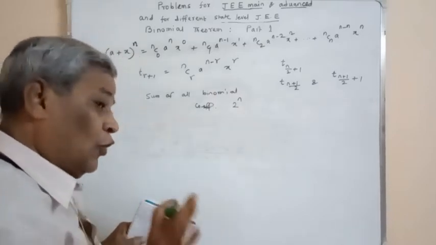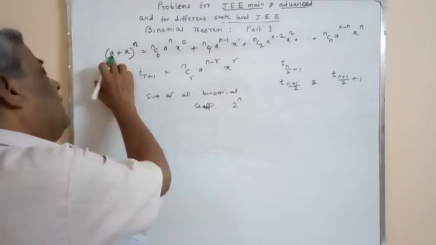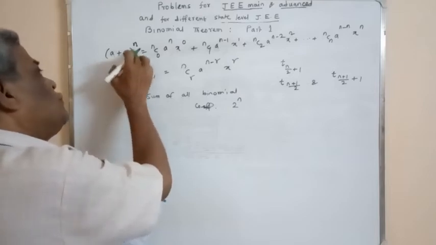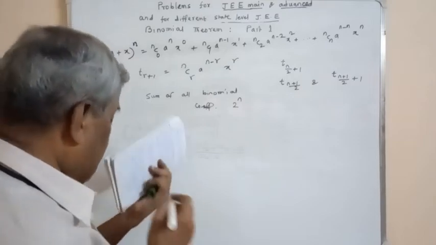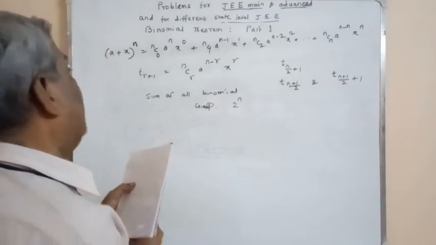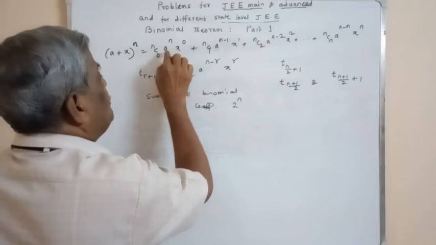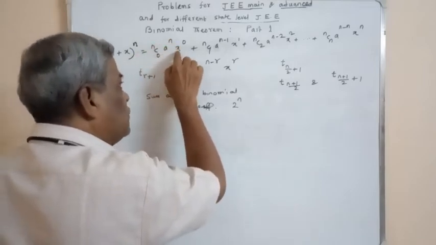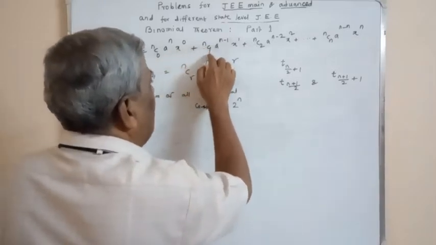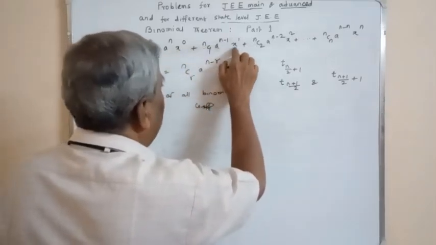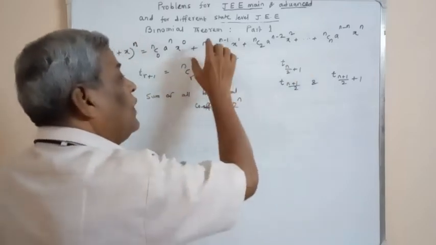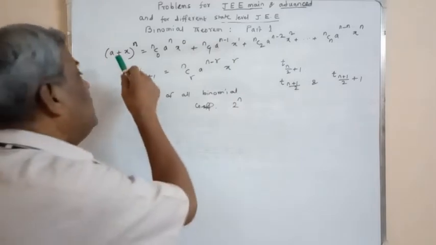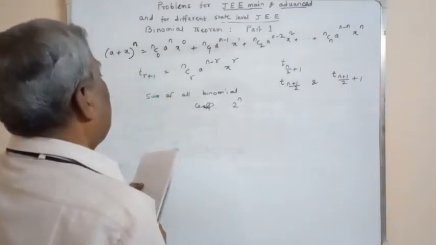This can always be obtained by putting a equal to 1 and x equal to 1, so 1 plus 1 is 2^n. So this becomes nC0 into 1 plus nC1 into 1. So all terms excepting binomial coefficients will be 1. So it is 2^n.